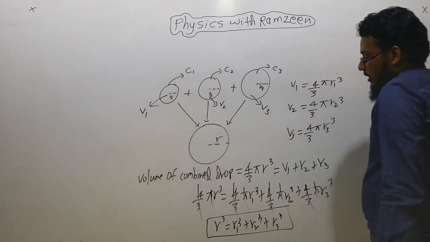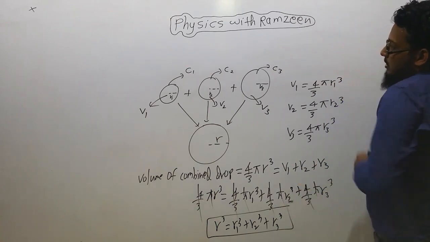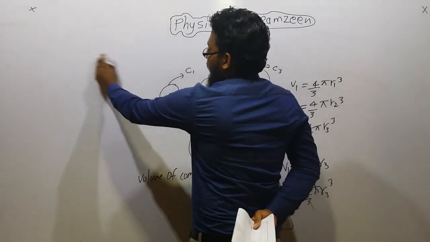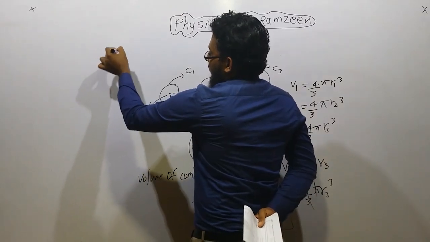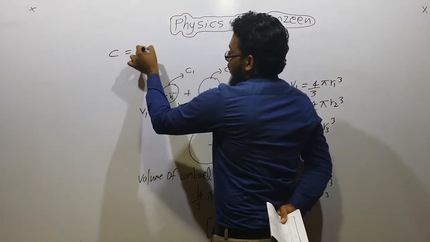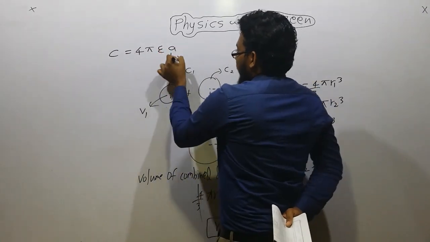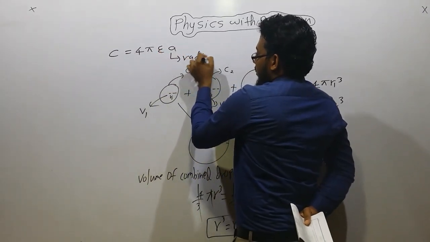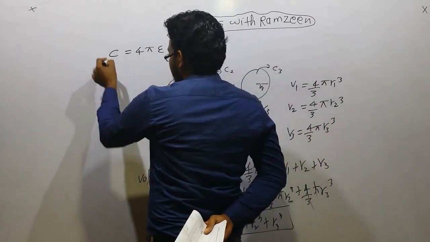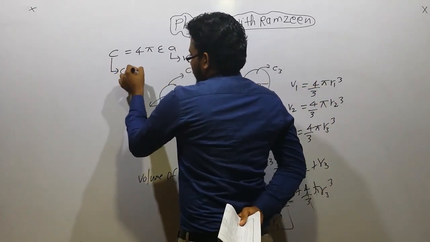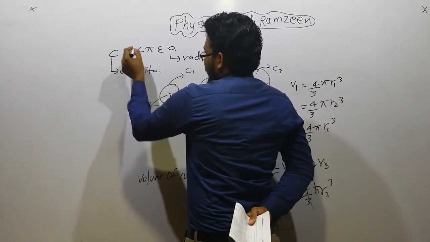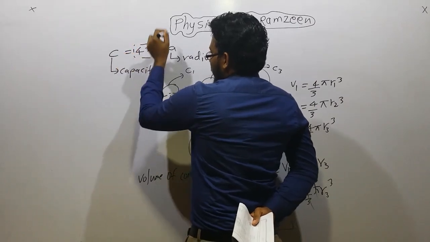Okay, and we already studied that the spherical shape capacitance equals 4 pi epsilon A, or R, whatever. A is the radius of the spherical shape, and C is the capacitance, and 4 pi epsilon is a constant value.